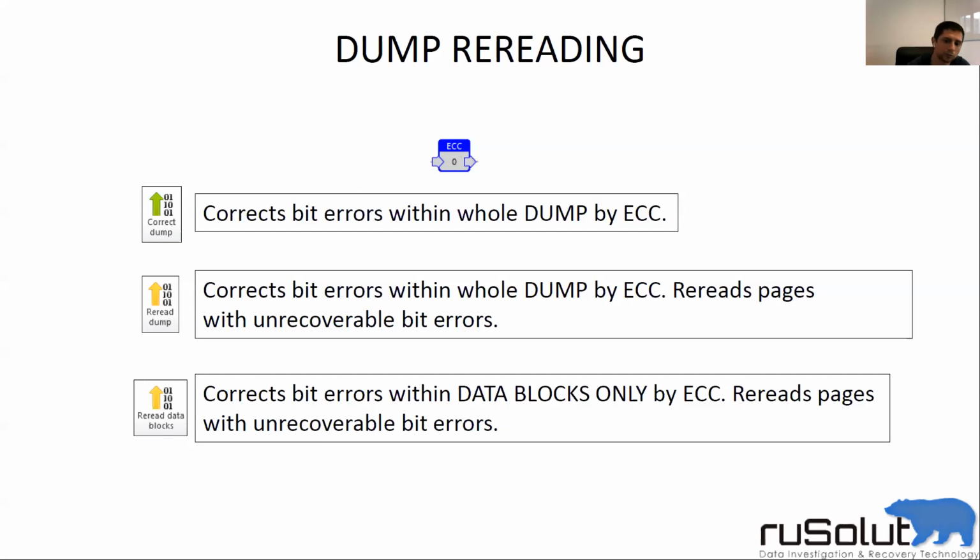And how can the software understand where the data blocks are and where there are no data blocks? Data blocks here means not data areas, but the physical block of the chip which has user data.